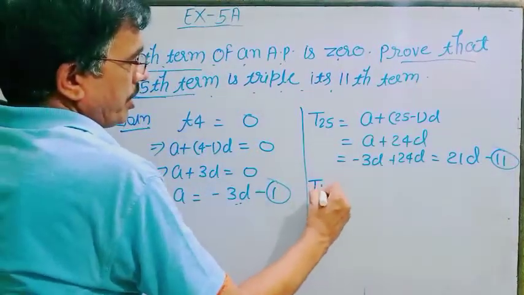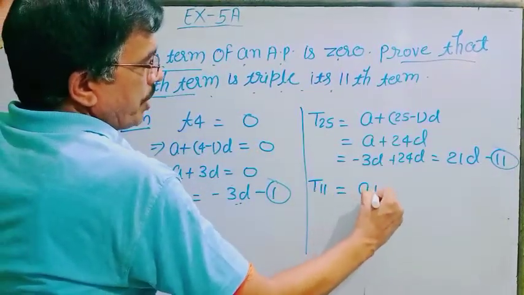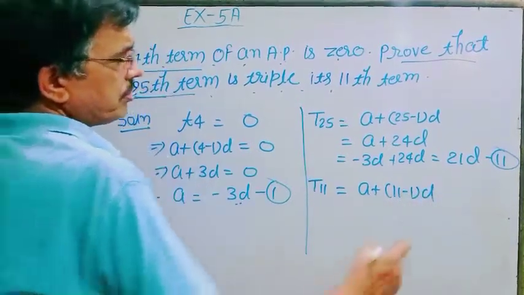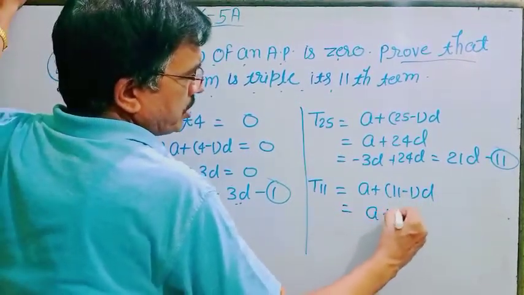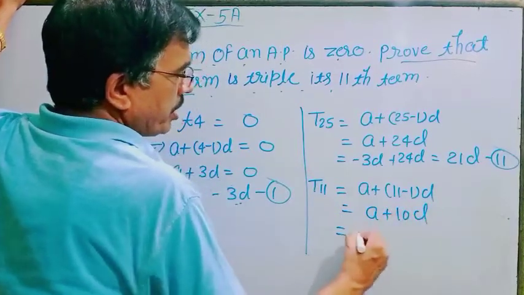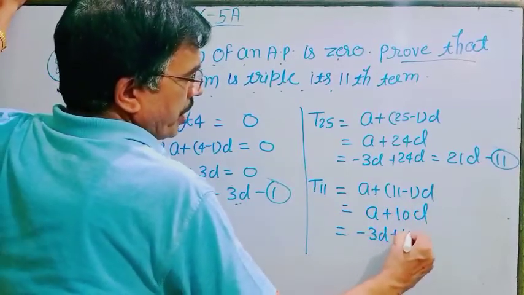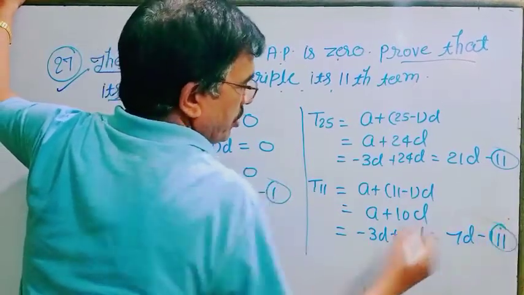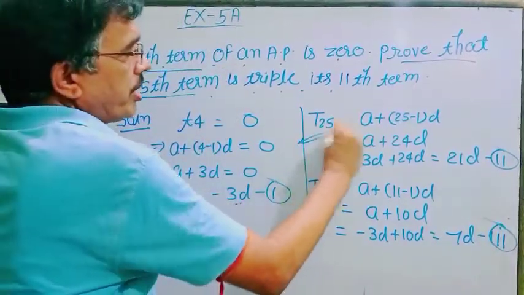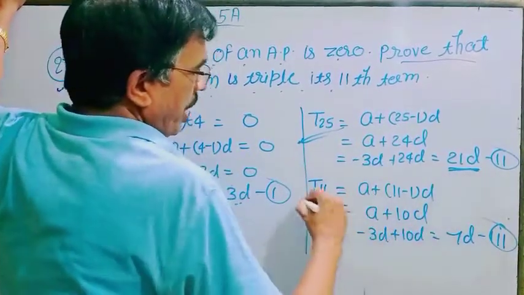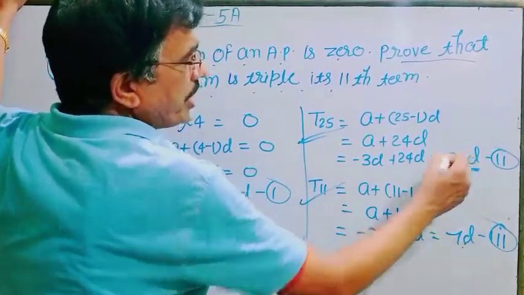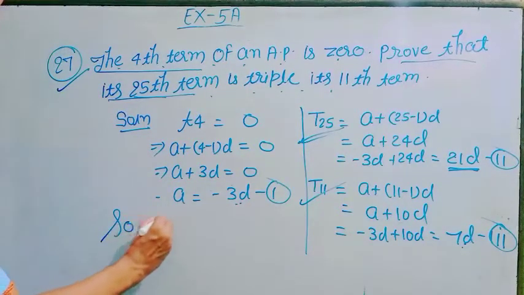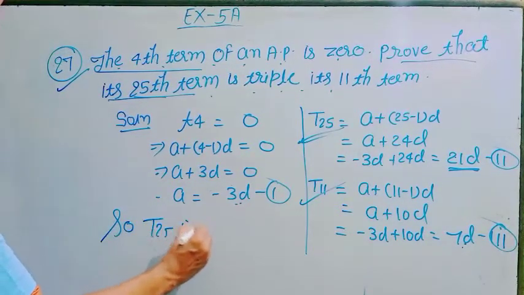And T11 means A plus (11 minus 1) into D, that is A plus 10D. What is A? That is minus 3D plus 10D, that is 7D. What do you get here? T25 is 21D and T11 is 7D. How many times is it? 3 times. So we can say T25 is triple of T11.